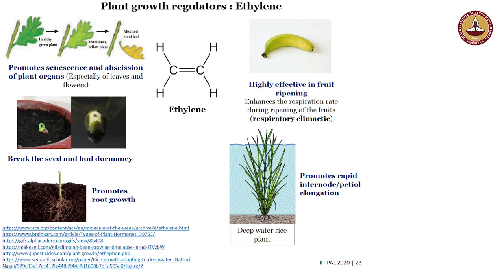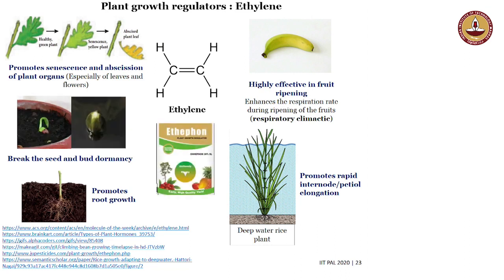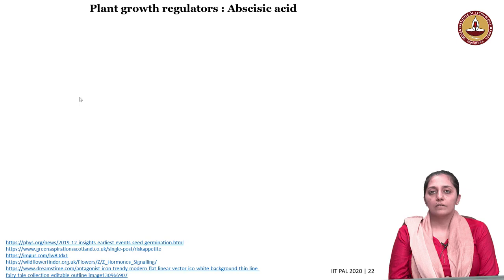In deep water rice plants, one can see ethylene promoting rapid internode and petiole elongation. Ethylene can be made available to plants exogenously through a precursor which is available commercially. It is ethephon.